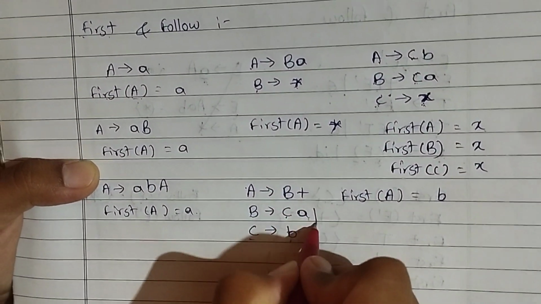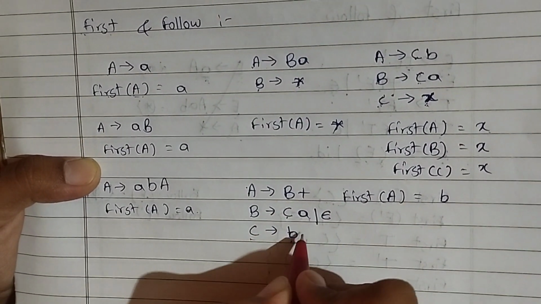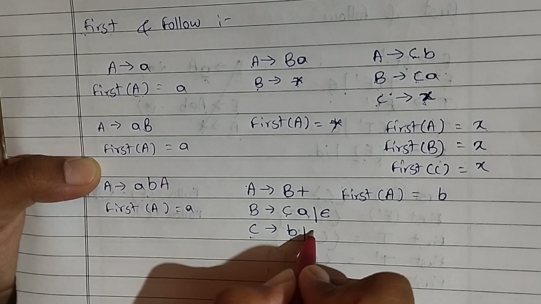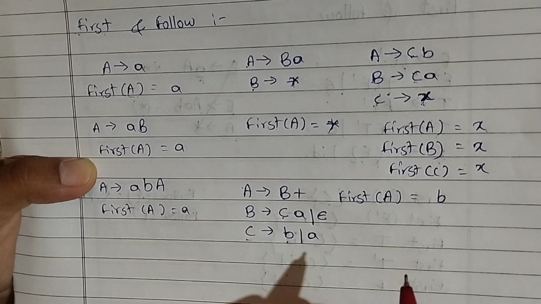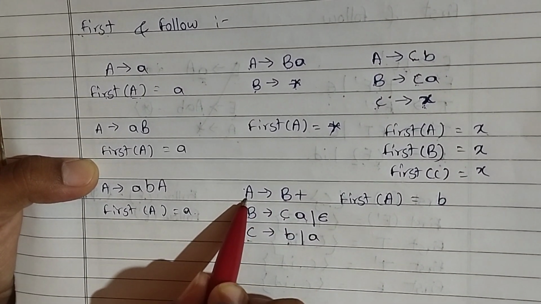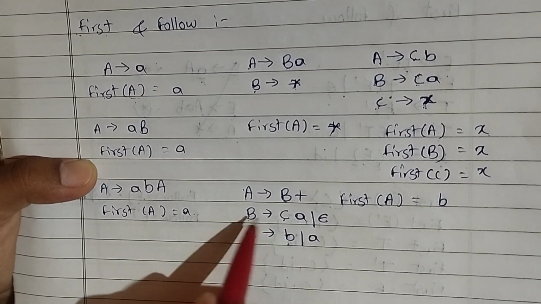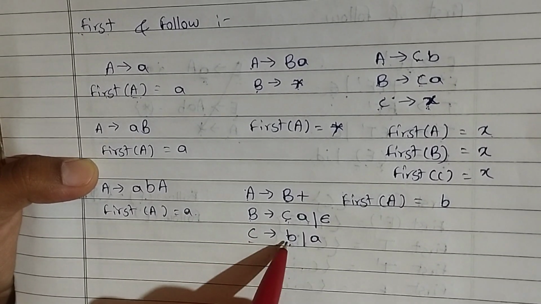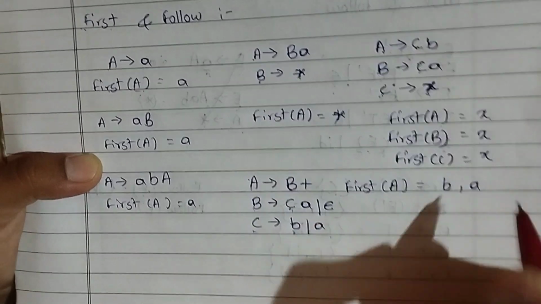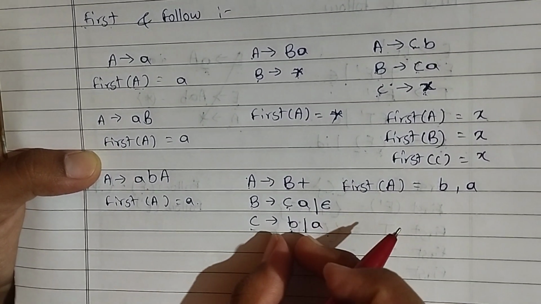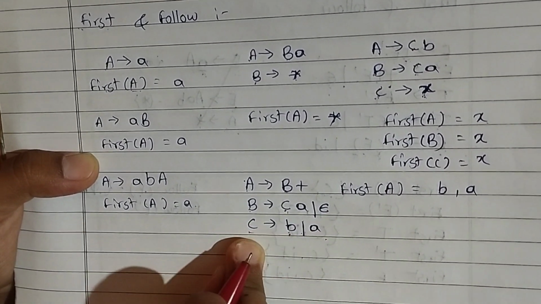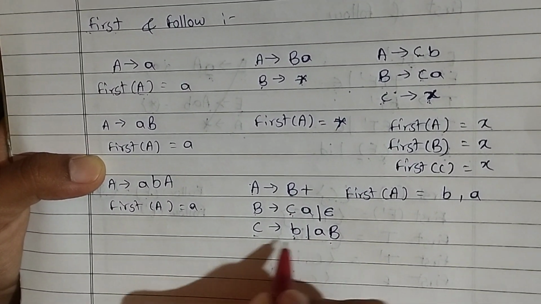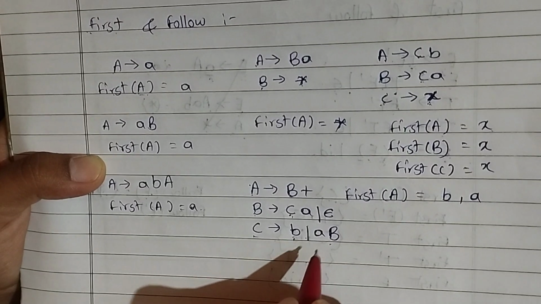Let's suppose here we consider null also, and here we consider small a. Then the first of A is capital B. Capital B derives C, and this C derives BA. So this is nothing but B or A. We want the first letter, not the second letter.